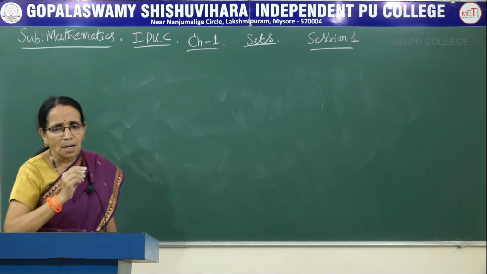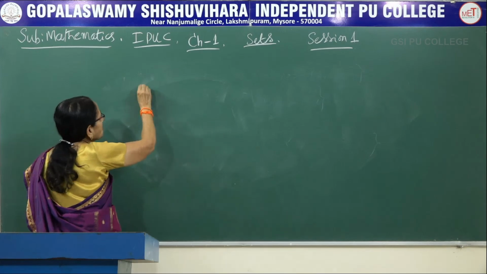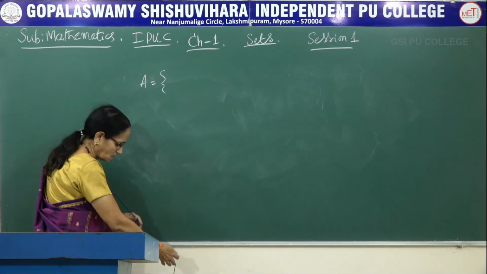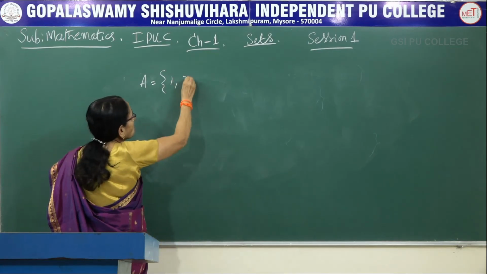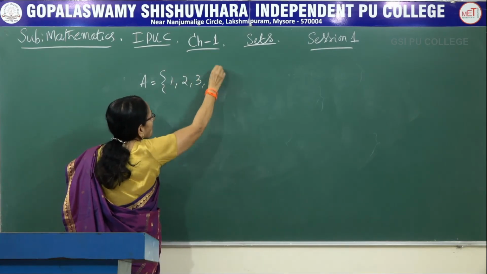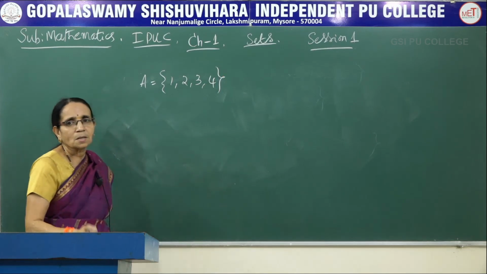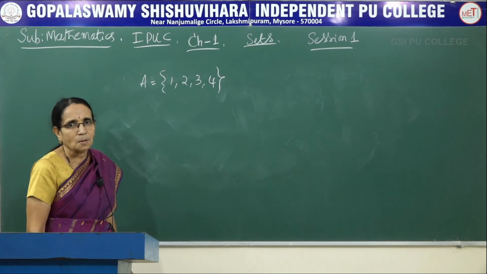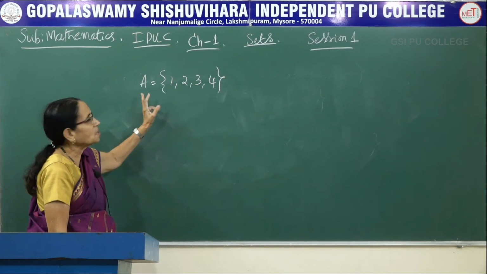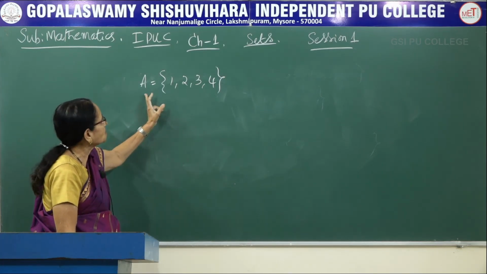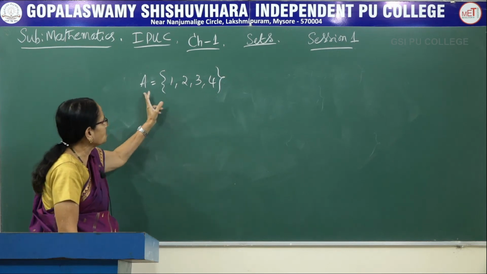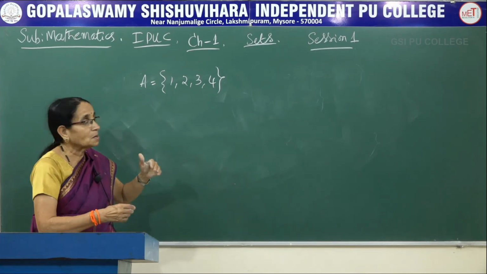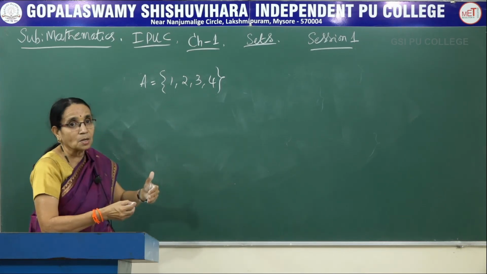Now, let me consider a set. Take a set A containing some elements here: 1, 2, 3, 4. How many elements are there? There are 4 elements here. So this set A is containing 4 elements. Look here, 1 is in the set A, 2 is in the set A, 3 is in the set A, 4 is in the set A. Now we have to use a notation to express this.